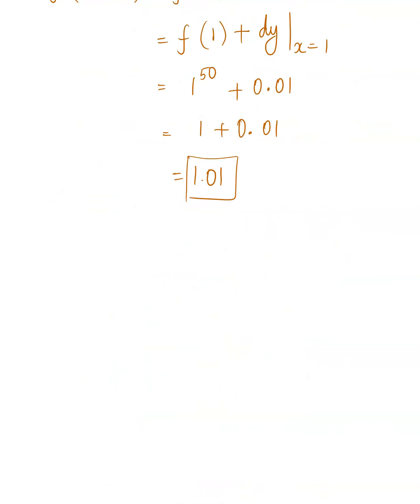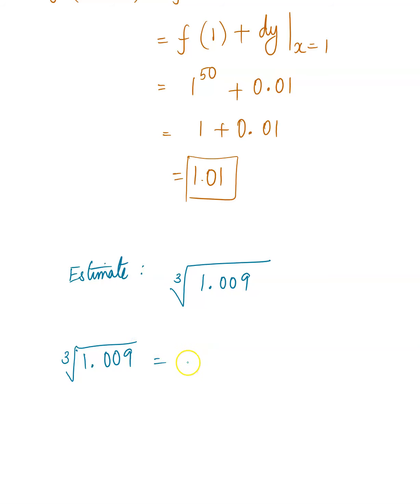Okay. Estimate cube root of 1.009. So what we can do now is rewrite this cube root of 1.009 as 1.009 the whole power 1 over 3, isn't it?